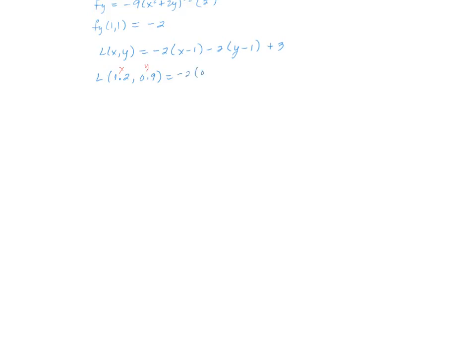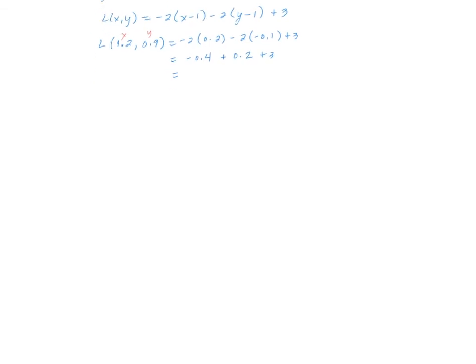This is simply negative 2 times (1.2 minus 1), which is 0.2, minus 2 times (0.9 minus 1), which is negative 0.1, plus 3. I can do that without a calculator to get negative 0.4 plus 0.2 plus 3, and that would be 2.8.